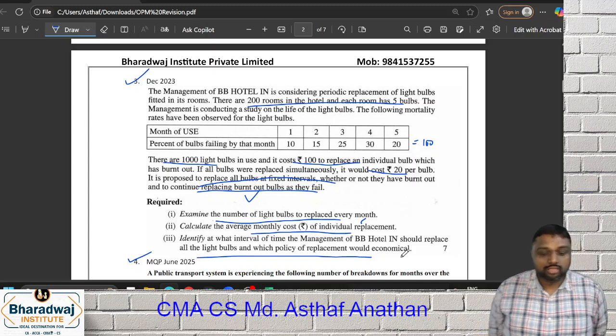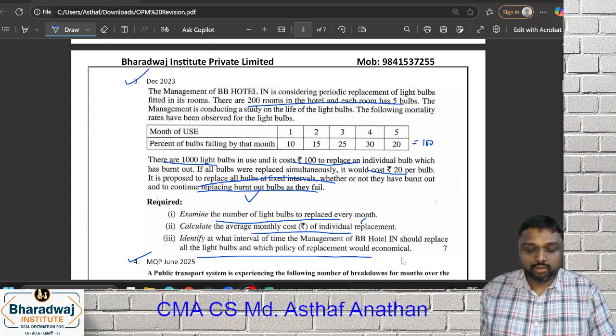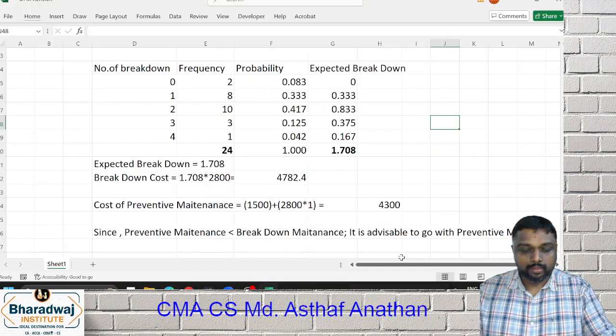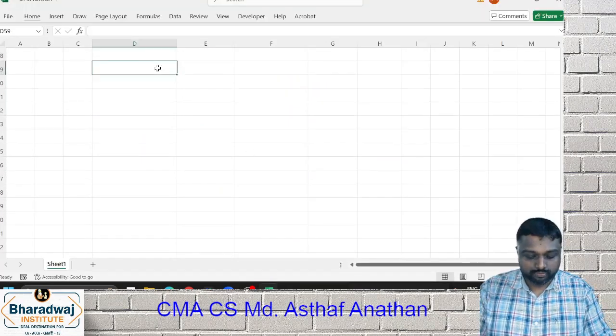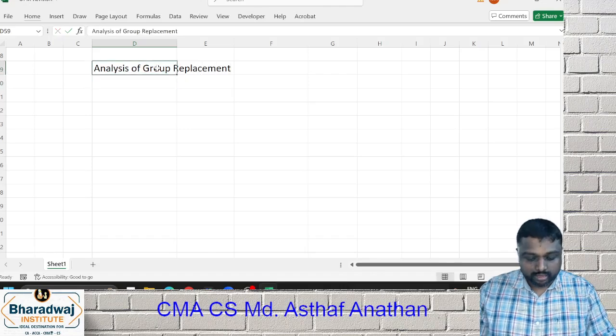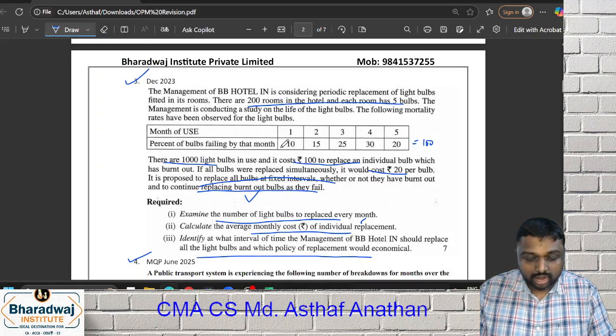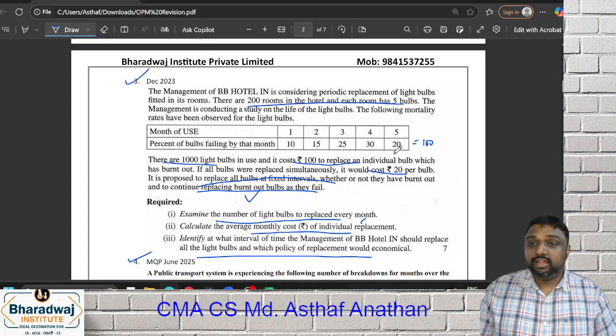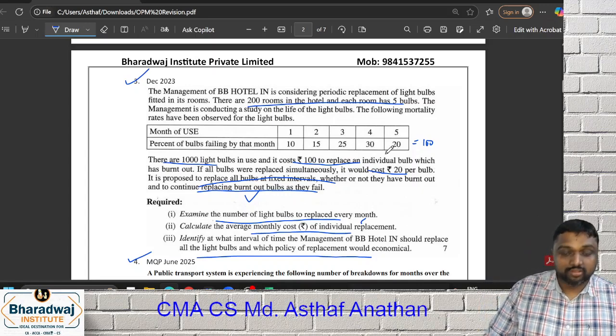Shall we start? First we will go for analysis of group replacement. I am telling you this question is comparatively a little bit easy because the percentage is already given. In the advanced question we did in class, cumulative was given and we split it.